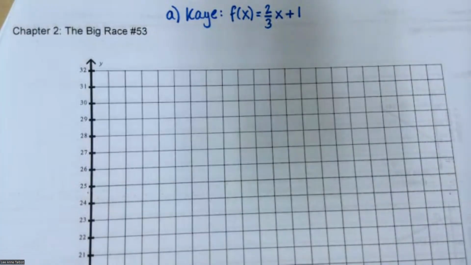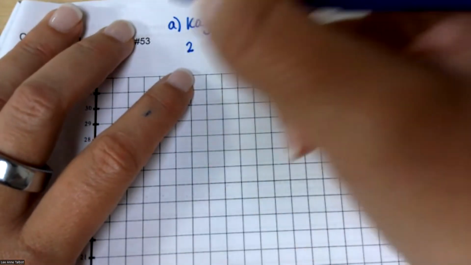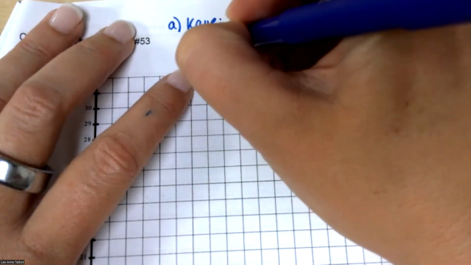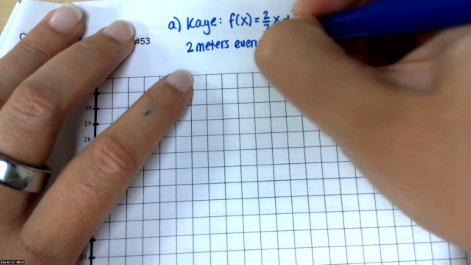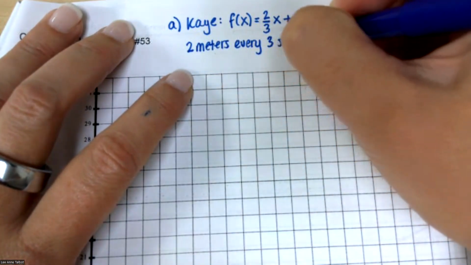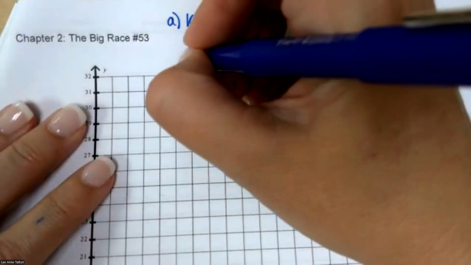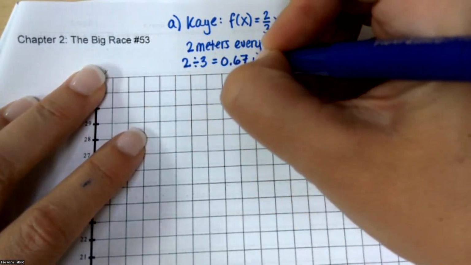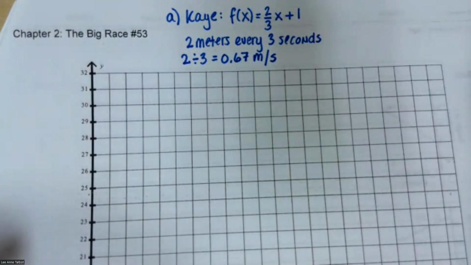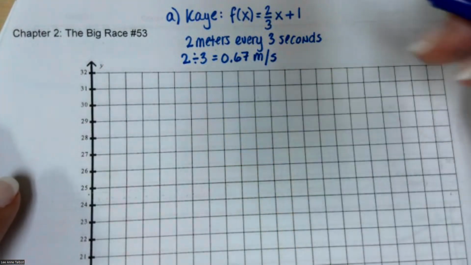The book's just being fancy. Okay, what is her speed in meters per second? Two meters every 3 seconds. 2 divided by 3 is 0.67.